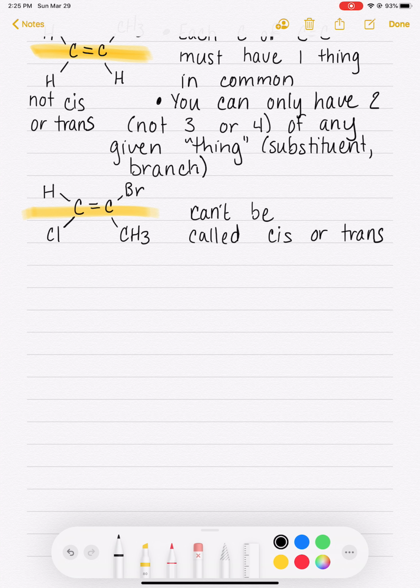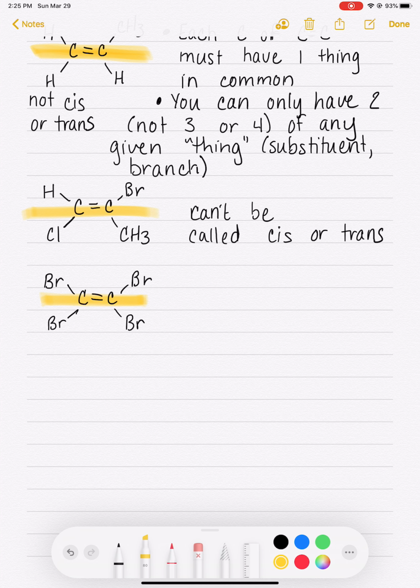Here's one more example, just one last one. In order for us to classify a molecule as cis or trans, each carbon atom can have only one thing in common with the other. You can only have two identical substituents.